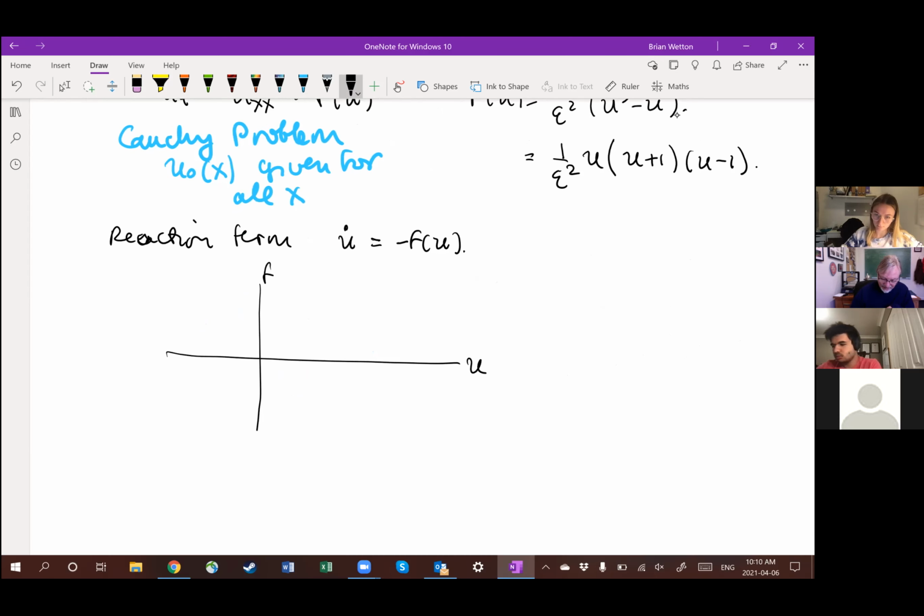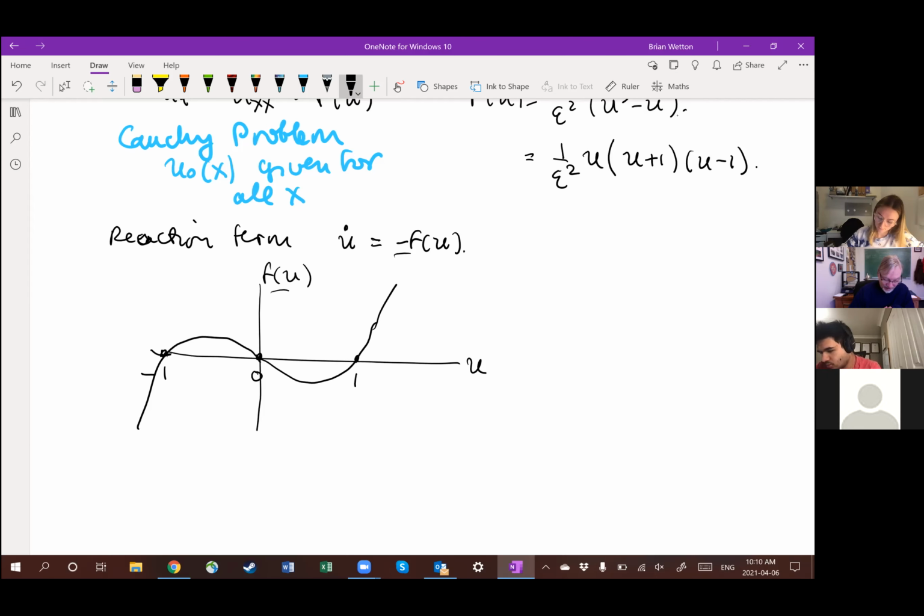I'm going to have f of u, and of course now I have to remember that my arrows aren't going to have the sign of f, they'll have the opposite sign because of the minus sign. That's a bit of a pain, but that's just how this equation is typically written. So I've got equilibria at 0, 1, and minus 1. And if I draw f of u, I get a cubic, looks like this.